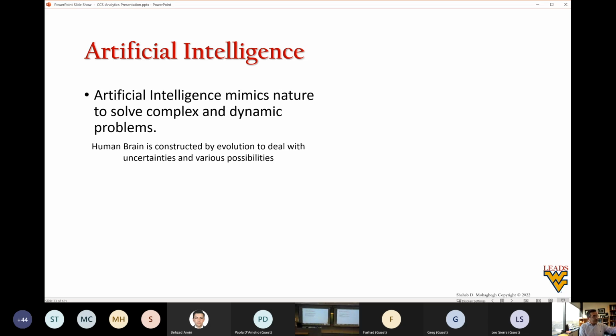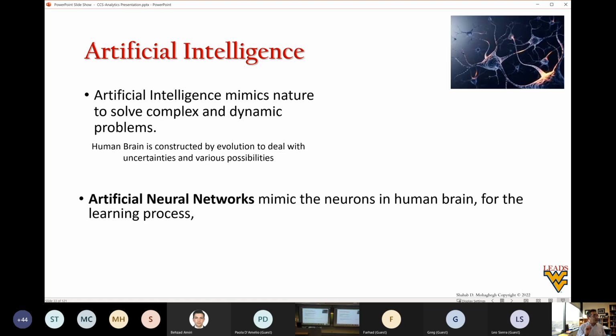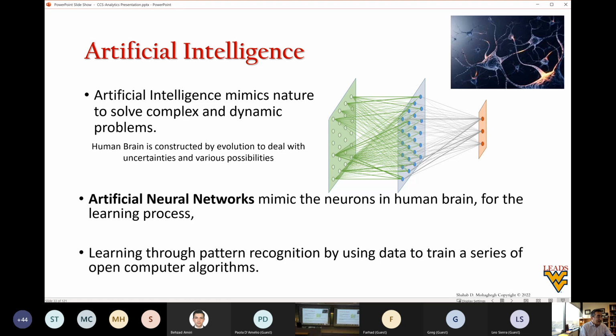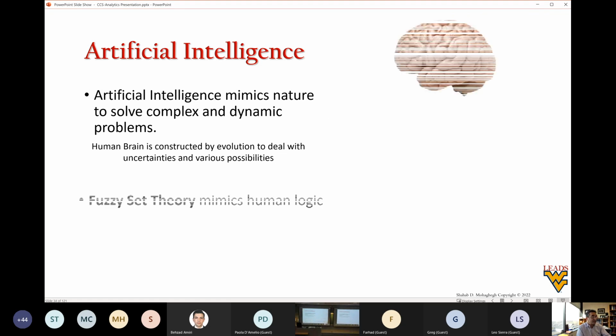As we said in general for all of them, artificial intelligence mimics nature to solve complex and dynamic problems. The human brain is constructed by evolution to deal with uncertainties and various possibilities. So artificial neural networks, folks, mimic the neurons in the human brain for the learning process. Learning through pattern recognition by using data to train a series of open computer algorithms. That is artificial neural network.